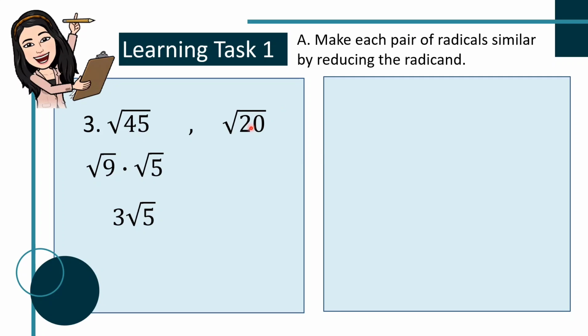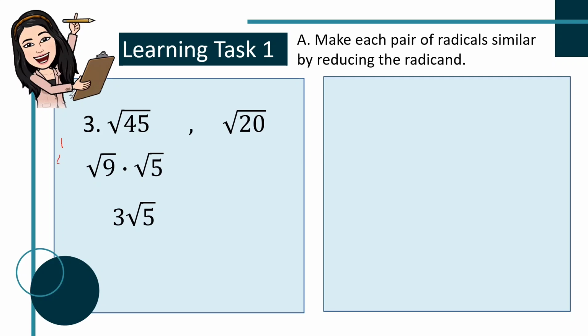How about the square root of 20? What are the factors of 20 in which one of them is a perfect square? What are the perfect squares? That is 1, the square root of 1 is 1. How about 2?